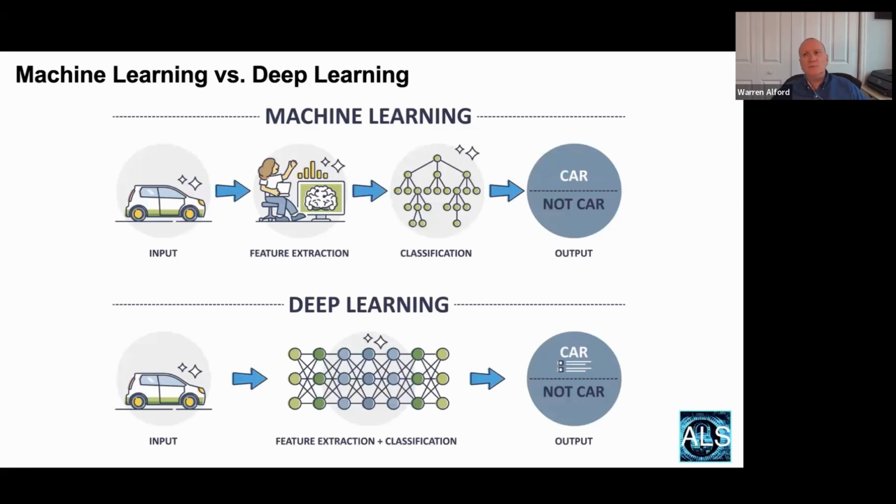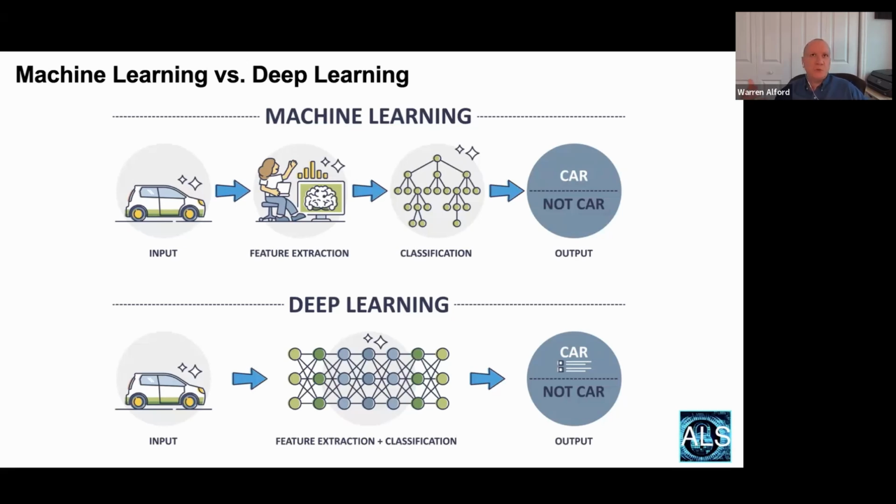In our example, we see that we have inputs, and in machine learning, it just extracts the feature of the input, and then it makes a classification, and it does its computation, or whatever it's designed to do, and then it formulates and gives an output.